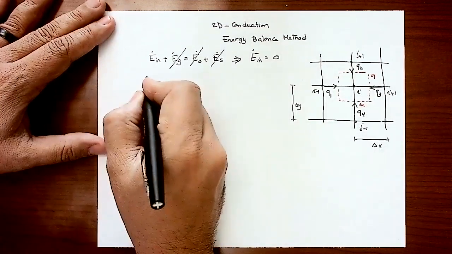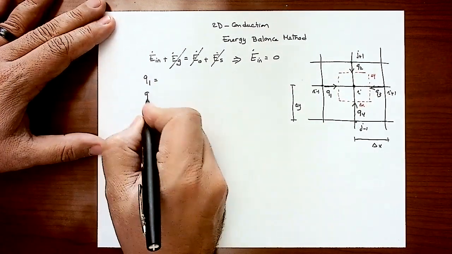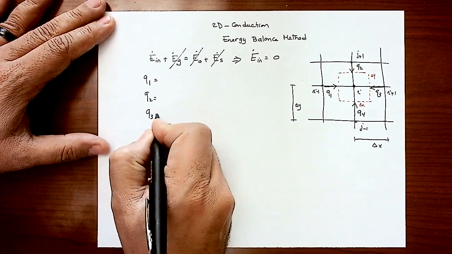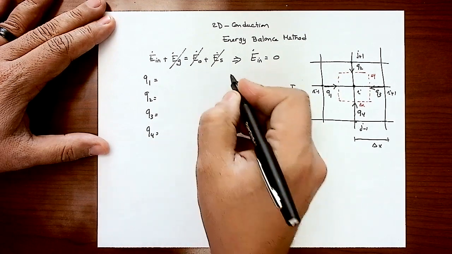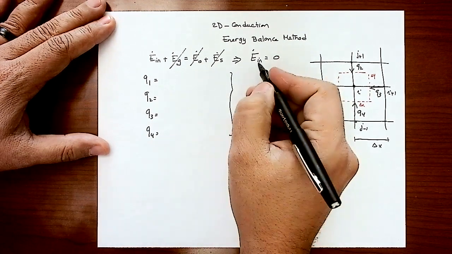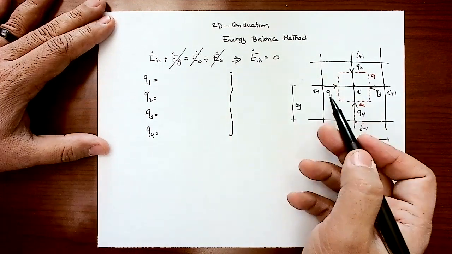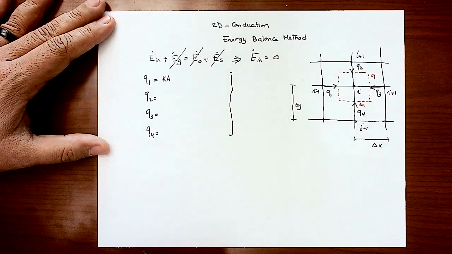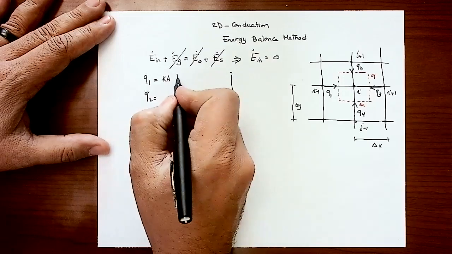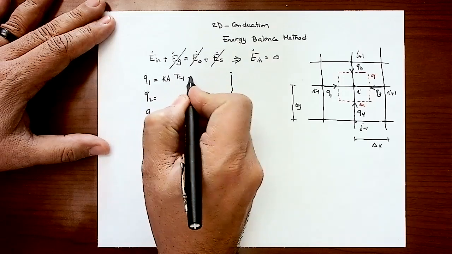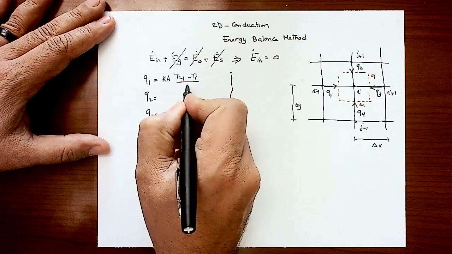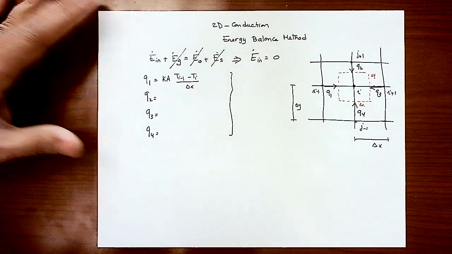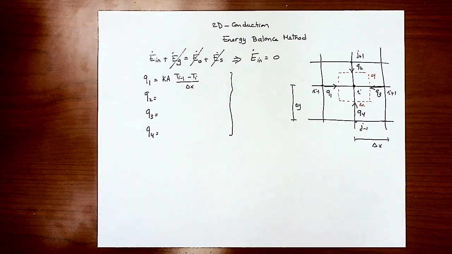So now I have Q1, Q2, Q3, and Q4. Then you're going to add up all of these Qs to present the energy in. So Q1 is coming by conduction. It's going to be K A multiplied by Ti minus 1 minus Ti divided by the distance, which is delta X. And by the way, the area as defined in Fourier's law is the area perpendicular to the direction of heat.